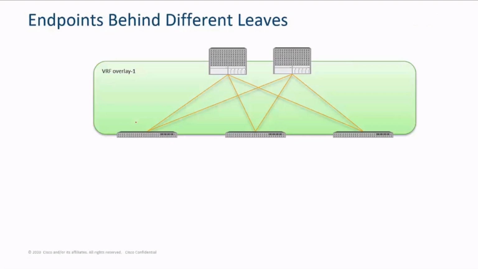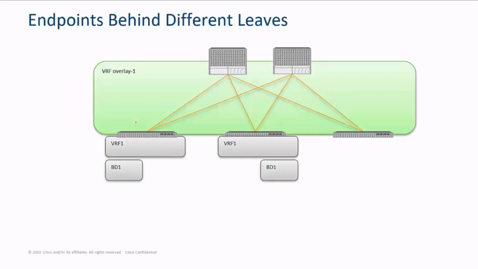In the next packet walk, we're going to focus on what if we have two endpoints on different leaves and they want to communicate. So let's say one's attached to Leaf 1, the other's attached to Leaf 2. They're in the same VRF and the same bridge domain. We have EPG1, and right there attached to Leaf 1 is endpoint 1.1.